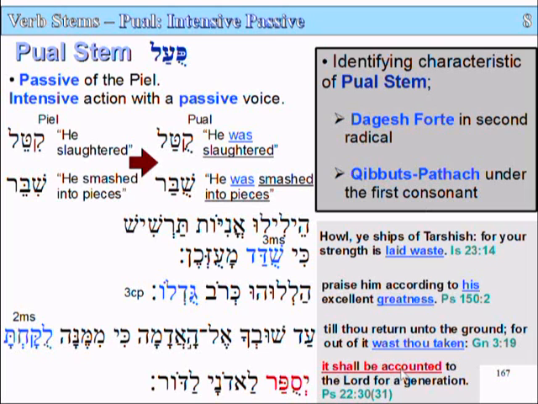Yesupar, it shall be counted to the Lord for a generation. La Adonai, to the Lord. Dor is the word for generation. Lador is for a generation. And that's the 3rd person masculine singular imperfect, Yesupar, of the Pual.